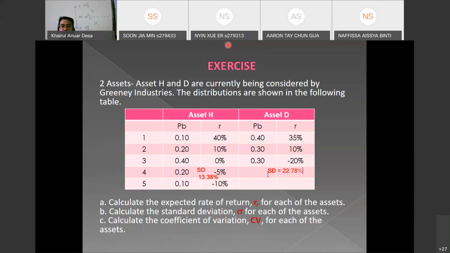Okay, did you save your answer? That answer just now? Dah simpan, dah save jawapan tadi?